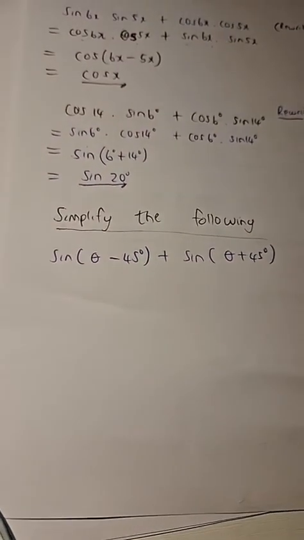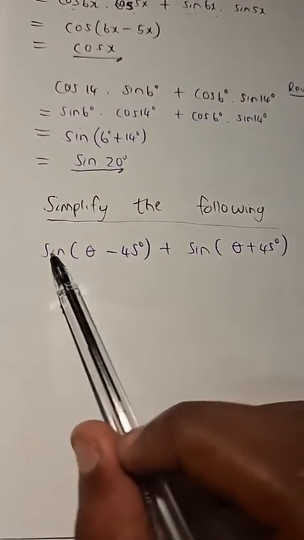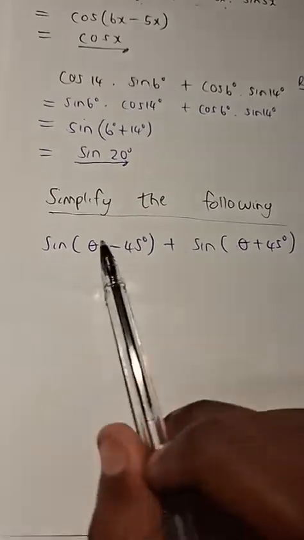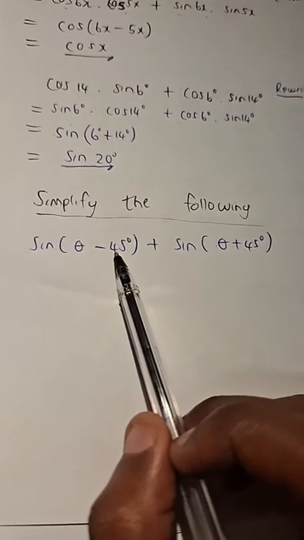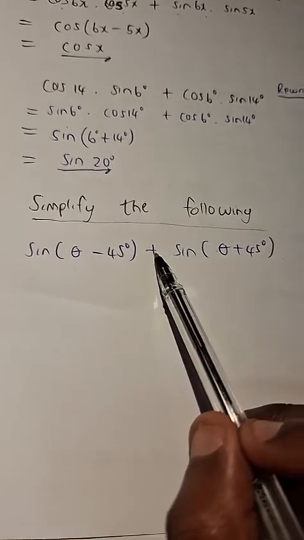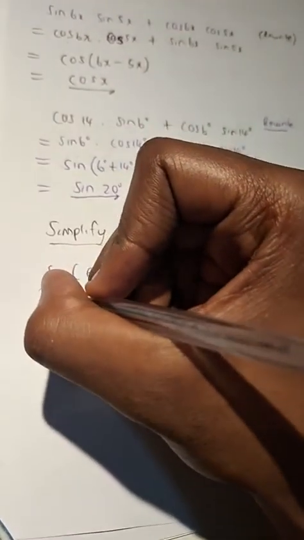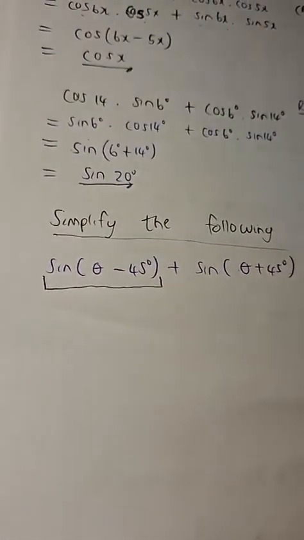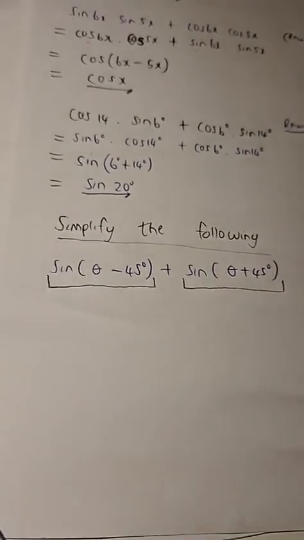When we look at this, we need to ask how many terms we have in the trigonometric expression. There is one, that's one term. The plus sign separates the terms, that is 2. So this is a particular compound, and this is also a particular compound.